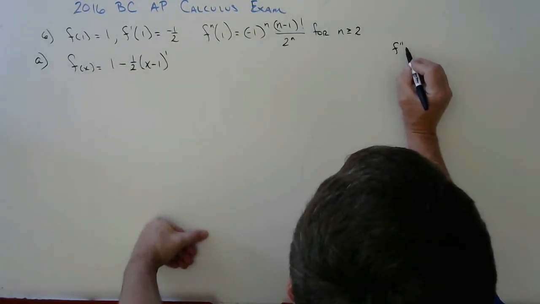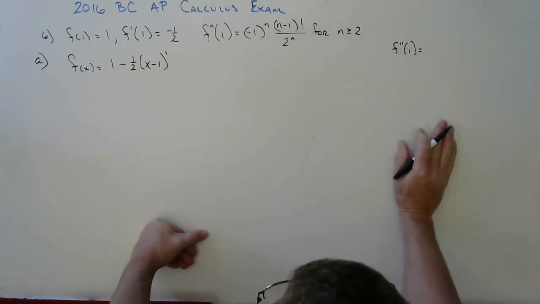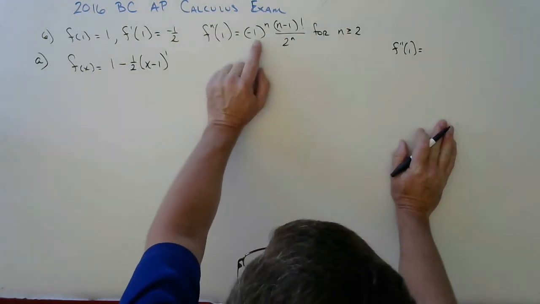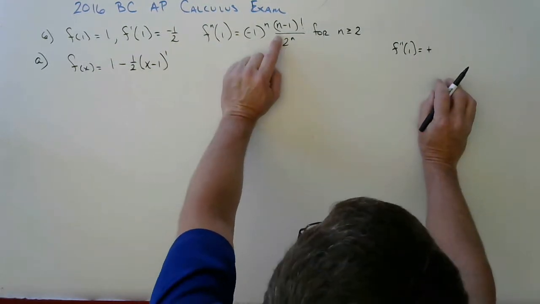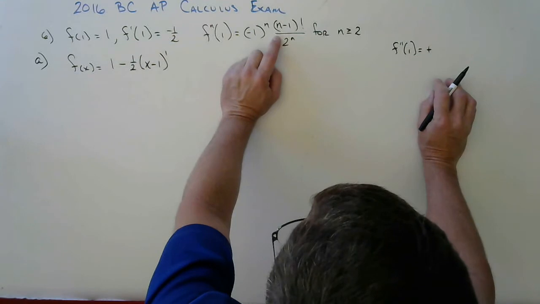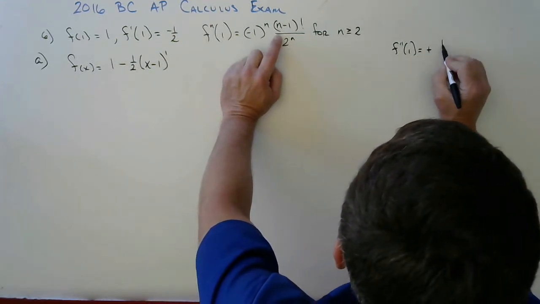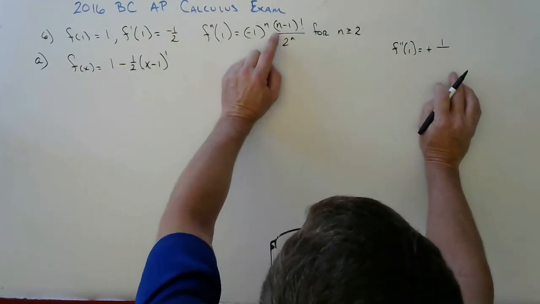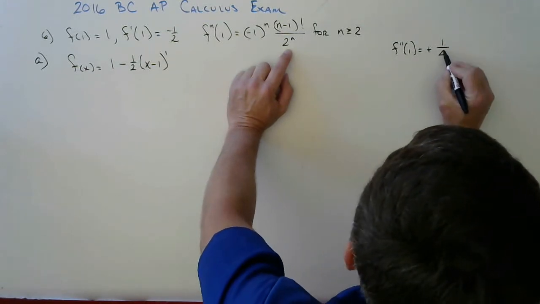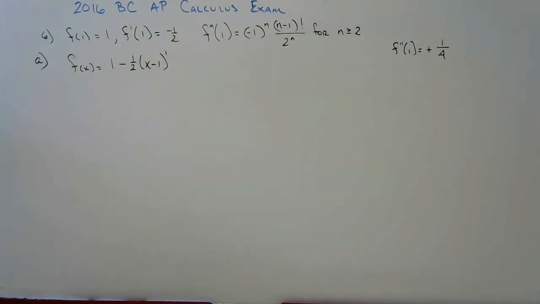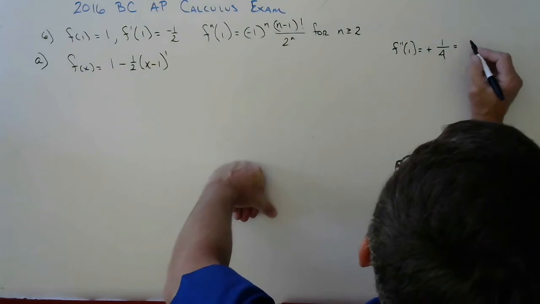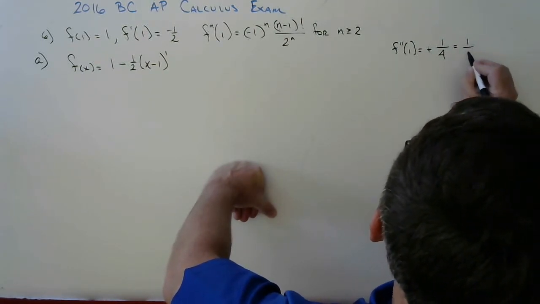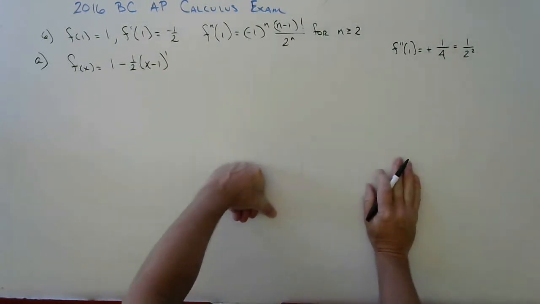For the second derivative, n is 2, so negative 1 to the 2 is positive, and 2 minus 1 factorial is 1 factorial, which is 1, over 2 squared, so 1/4, which we're going to write as 1/2 squared, because we're doing a Taylor series.